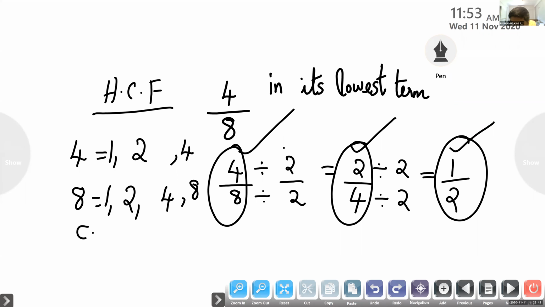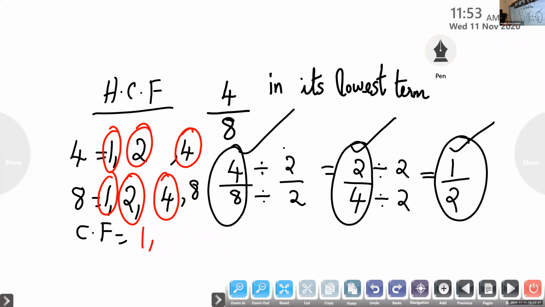Look at the question and tell me what are the common factors. 1, 2, 4 are the common factors.